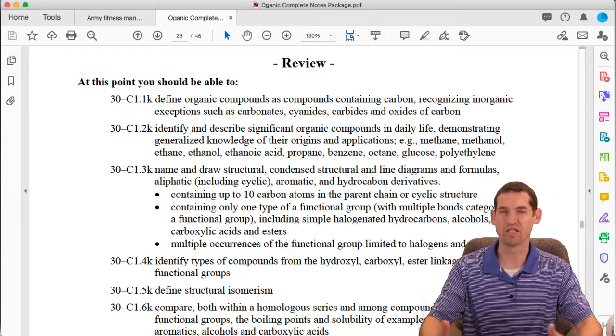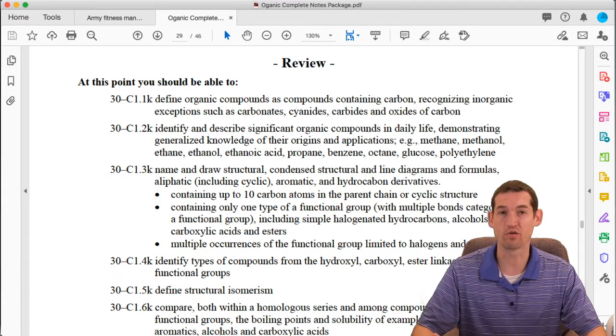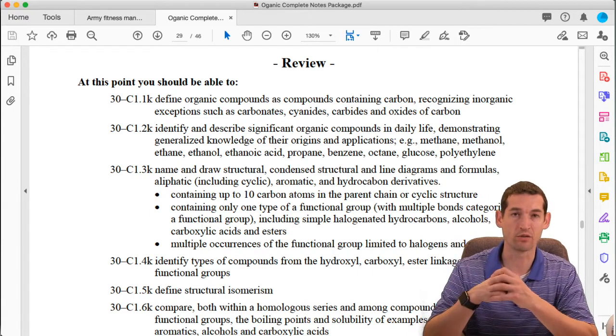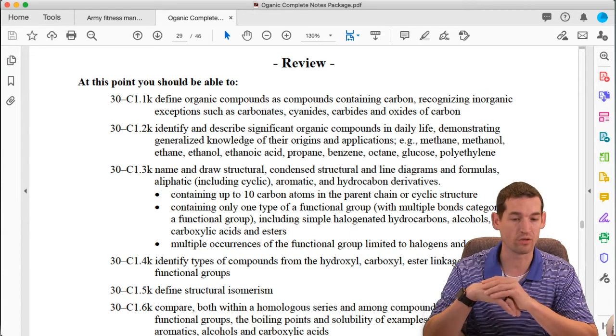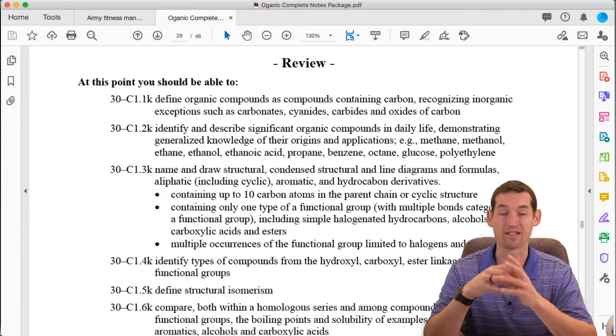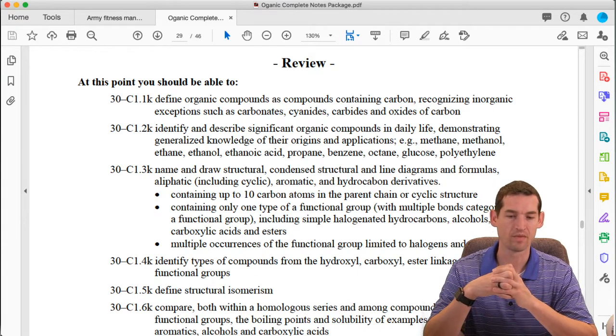So that's the generalized origins, but you do need to know their applications, what they're used for, and their common uses. For example, methane we talked about was a part of natural gas along with ethane. Methanol is a type of alcohol, although not the type that can be safely consumed by humans.